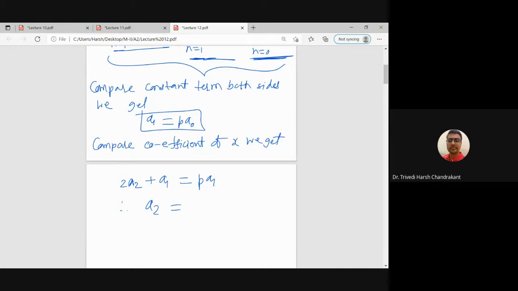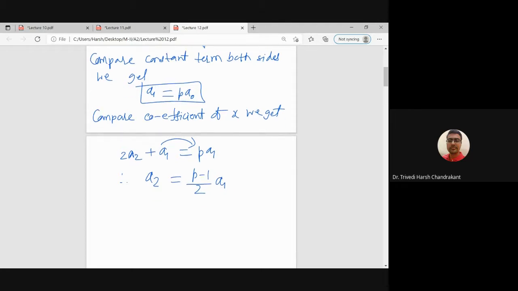That will be p minus 1, this term goes on the other side, divided by 2, times a1. Right. So now we have an iterative formula. We can write a2 in terms of a1, and a1 we already know, that is p times a0. So this is p minus 1 by 2 a0.